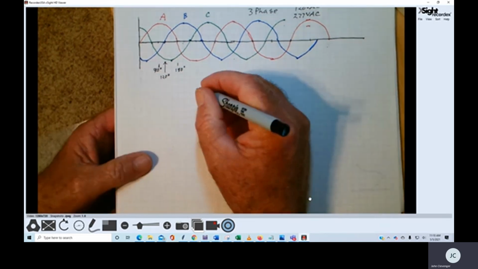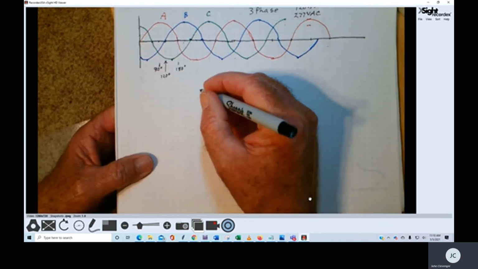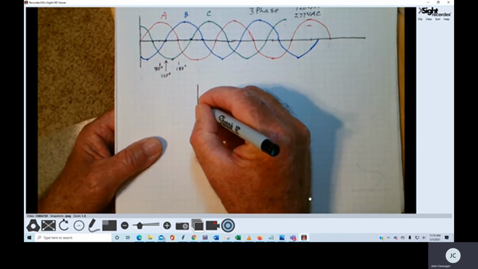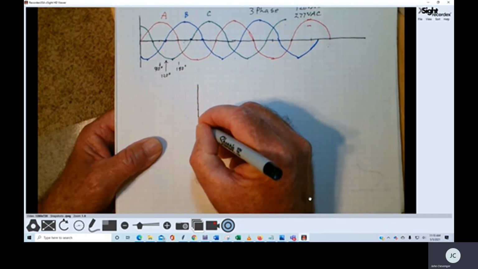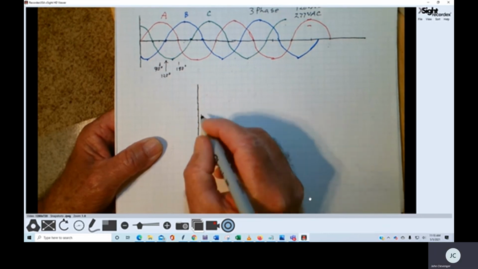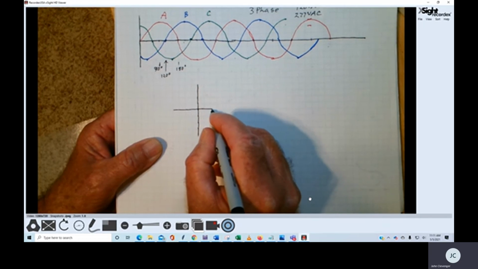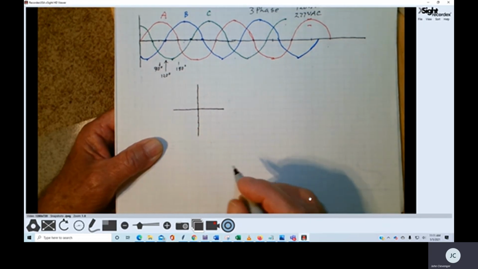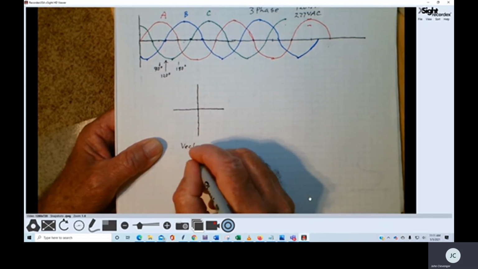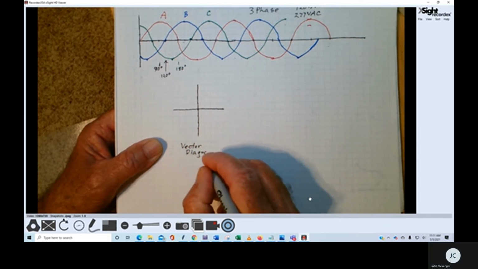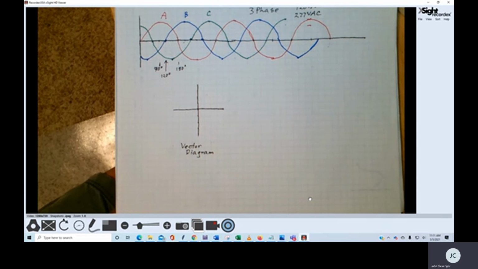So what we typically do is represent these three phases of power using a vector diagram. And we've seen this before when we illustrate voltage and current in RC, RL, and RLC circuits.